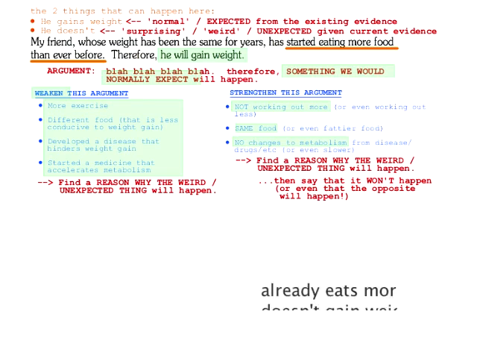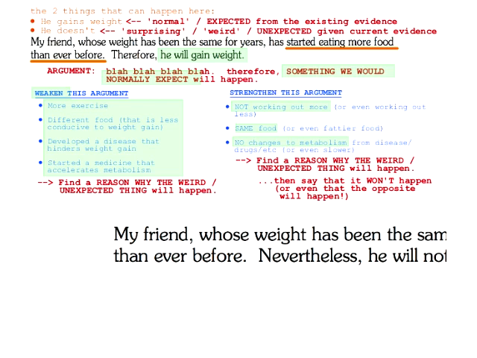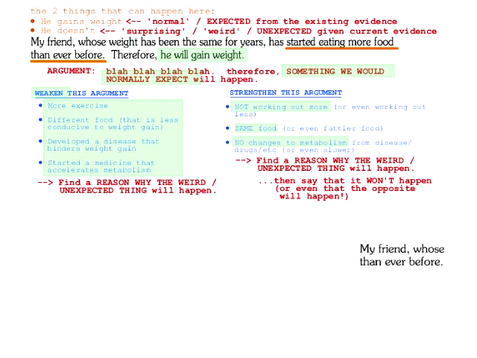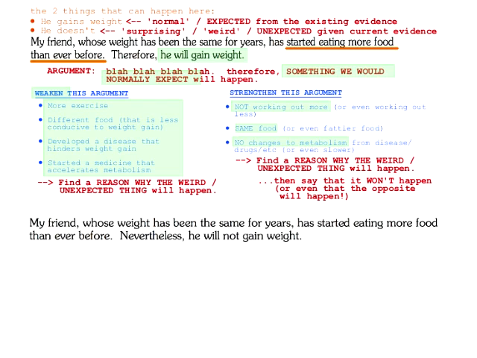This is also true if the argument is the reverse. If the argument says something like this, now the argument is saying something we would not normally expect. That's why it has the word nevertheless in there too. So in this case, the argument is blah, blah, blah, therefore, even though, but still, the weird thing will happen.